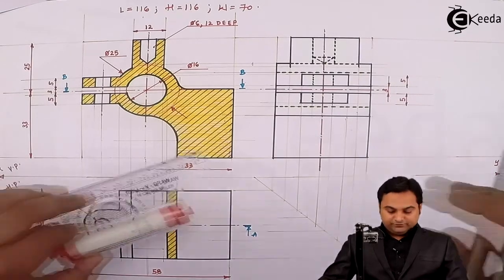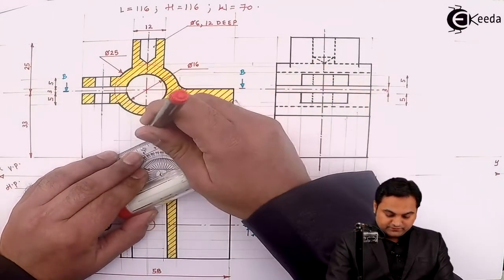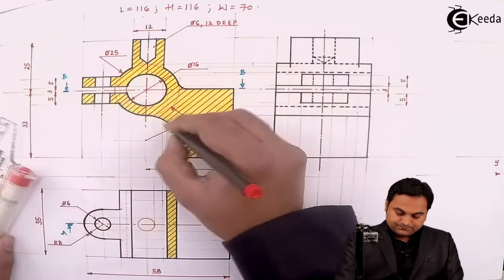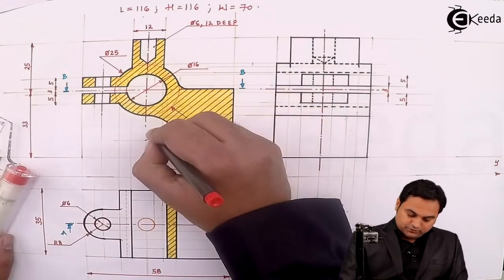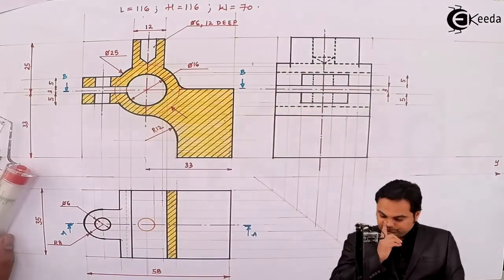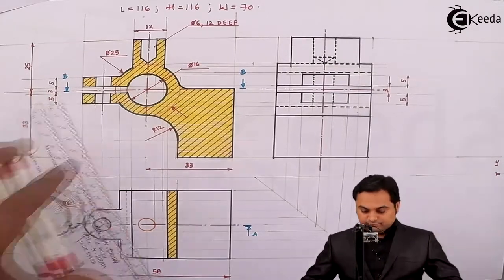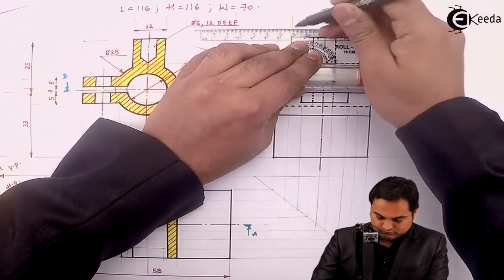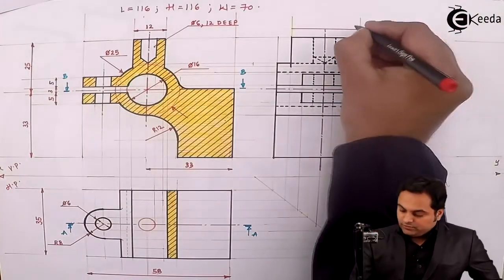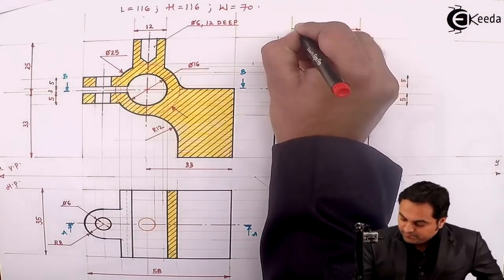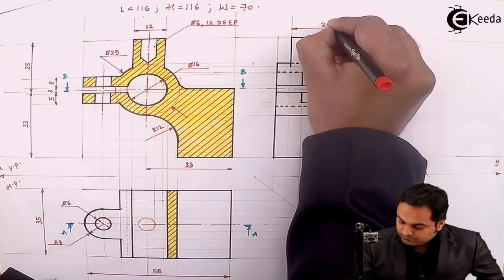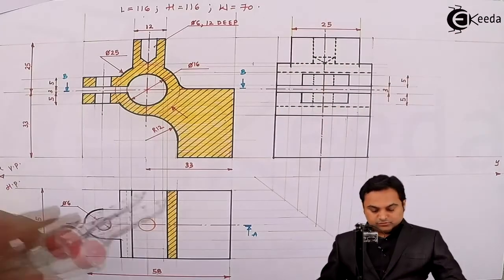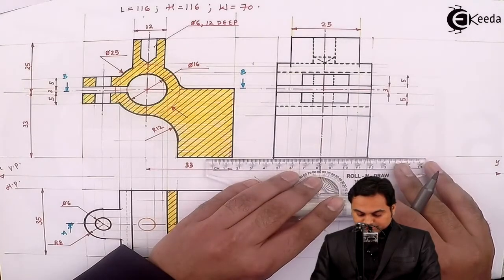Then here in case of front view, one of the dimensions was left, that is this radius. It was 12 mm. Now here the width is 25 mm and the total width is 35.